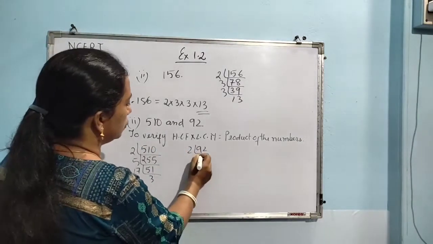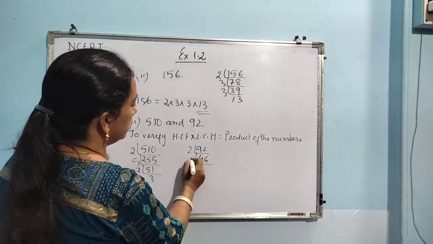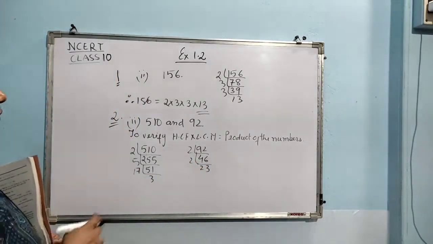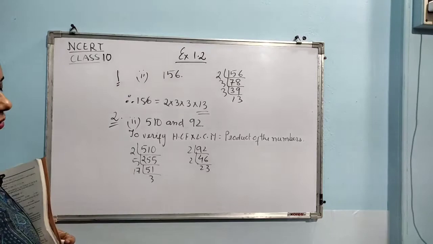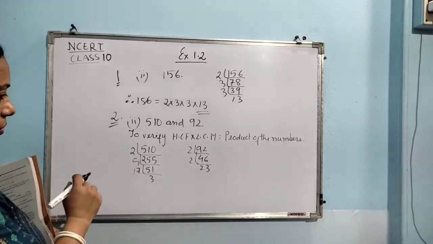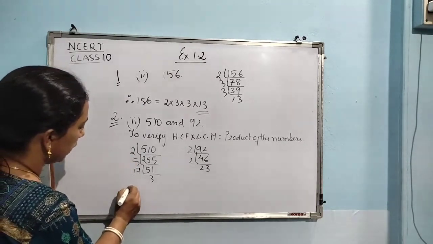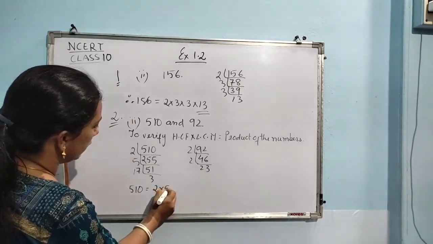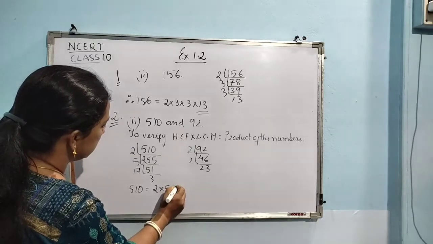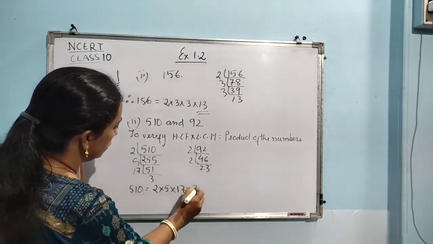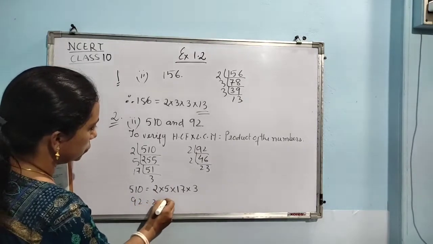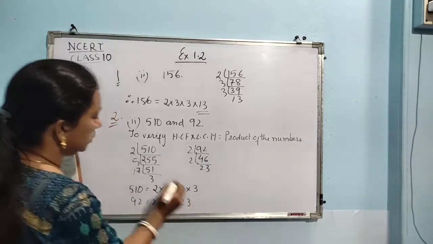Done. 2 4s are 8, 2 6s are 12. Done. 23. So we have done the prime factorization of 510 and 92. So we can write 510 is equal to 2 into 5 into 17 into 3, and 92 can be written as 2 into 2 into 23.